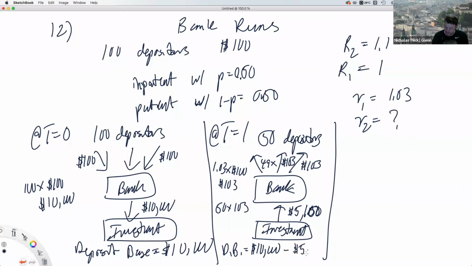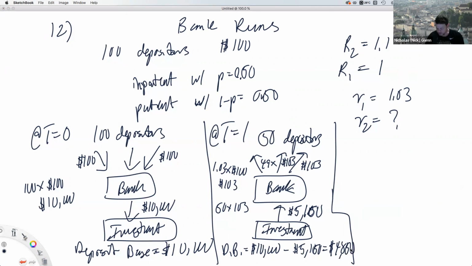So when they subtract 5,150, what's left is 4,850. That's what the deposit base is now.